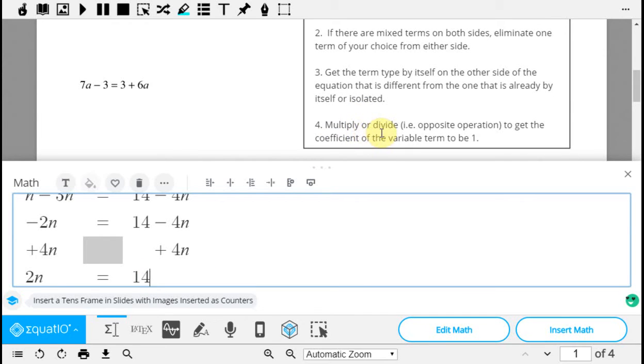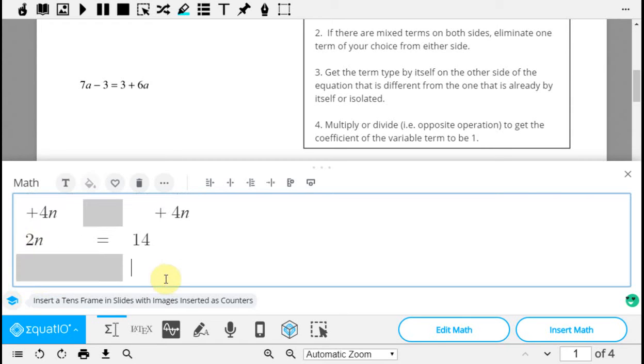step 4, says to multiply or divide, use opposite operation, to get the coefficient of the variable term to be 1. So the variable term is 2n. We want the coefficient to be 1. We're multiplying by 2. So the opposite operation is to divide by 2.